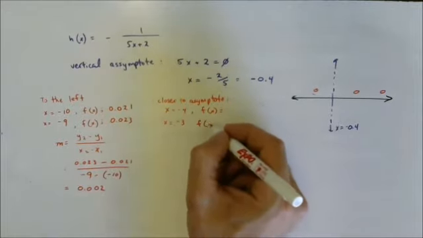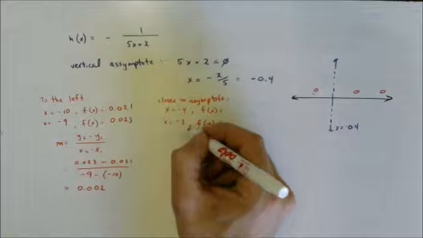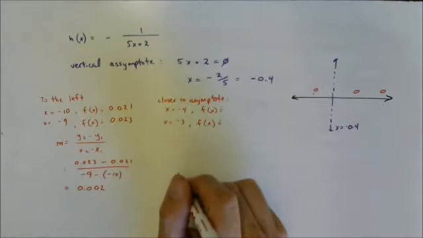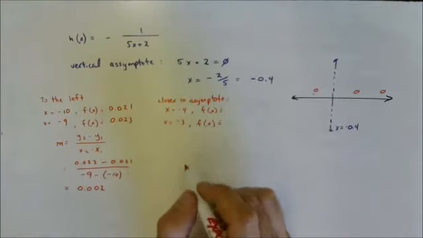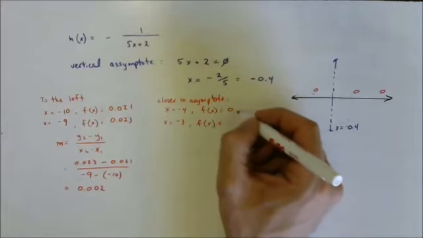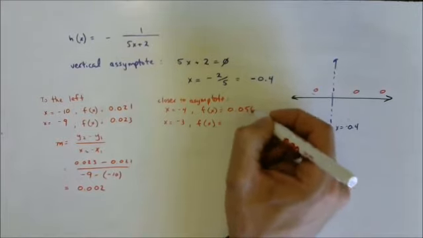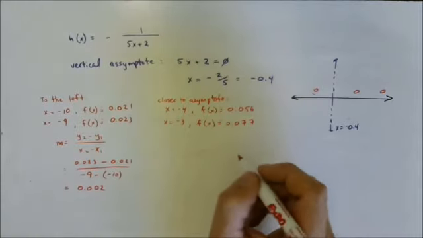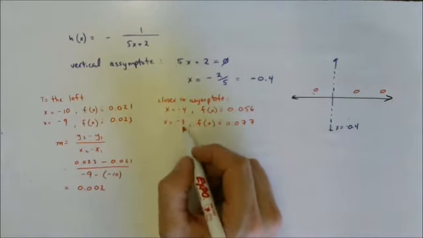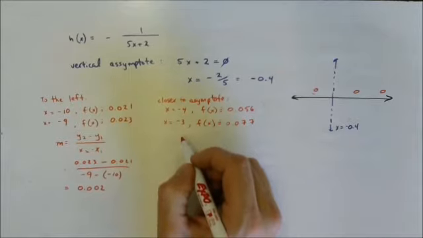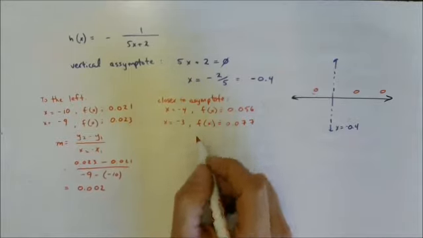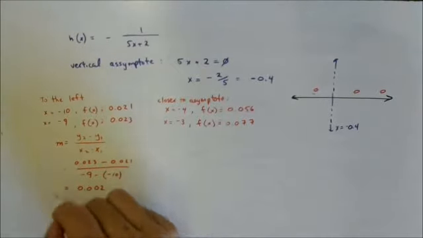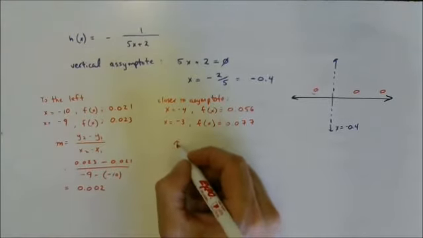Find the approximate value of the function at each of those places. In your calculator, you end up with 0.056 and 0.077. So the slope between those 2 points, we would run this rise over run thing again, okay?